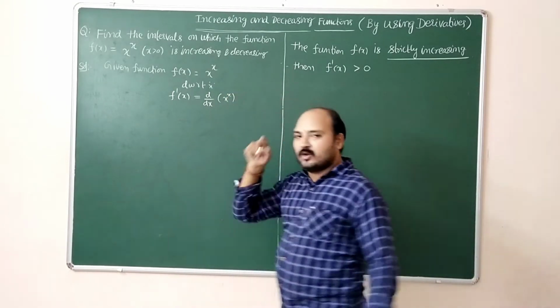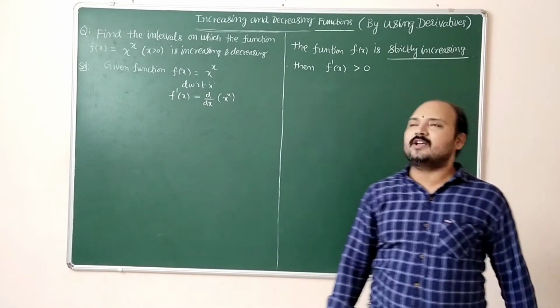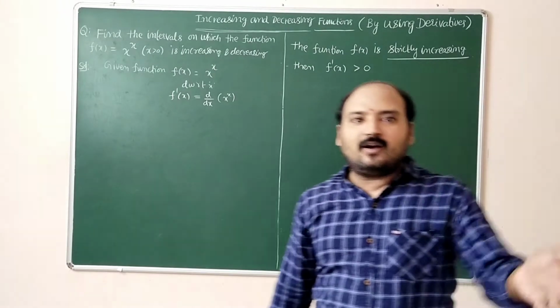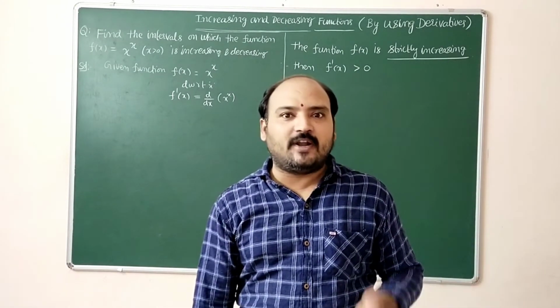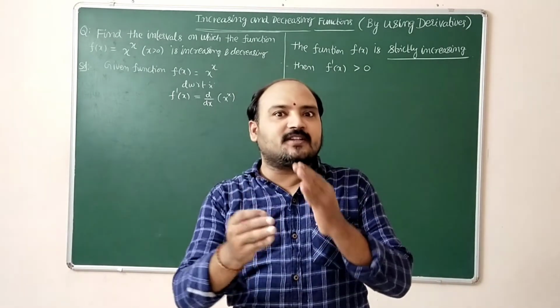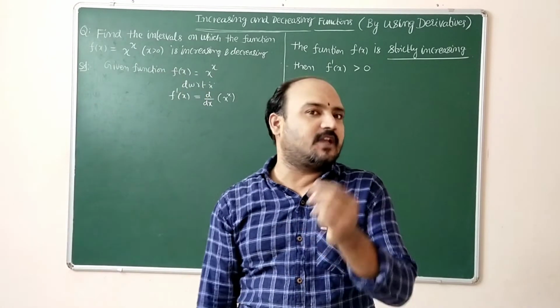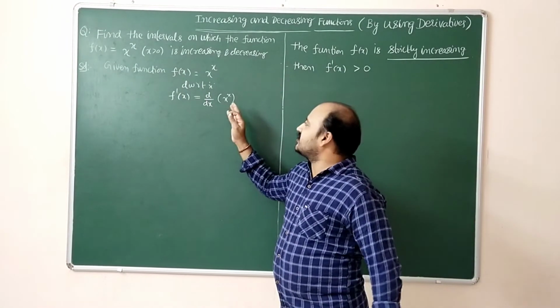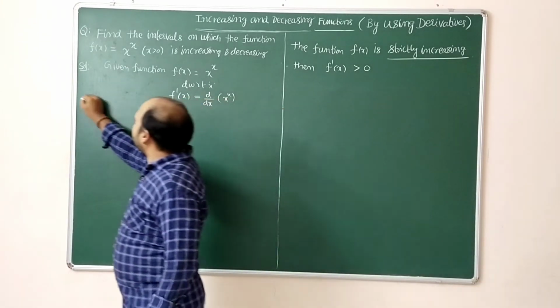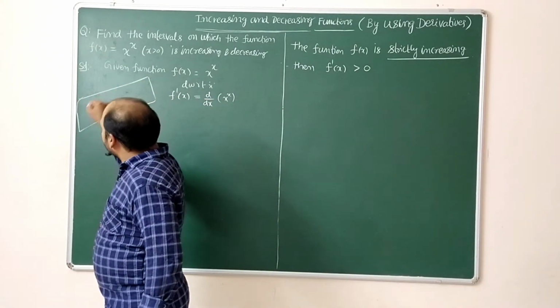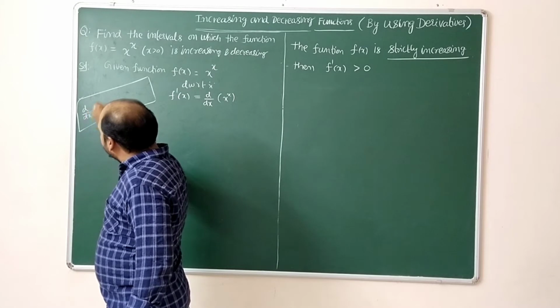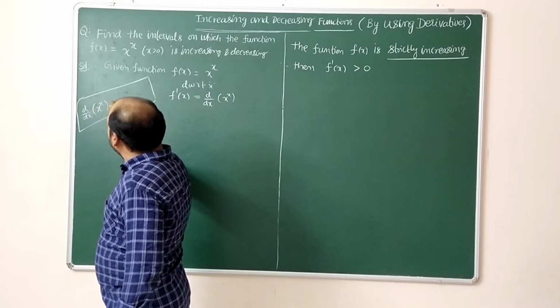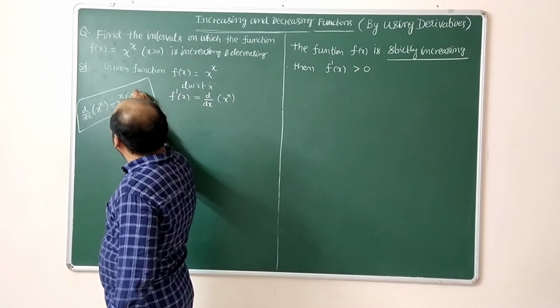Sir, why are you writing d by dx of x power x only for this particular problem? In the differentiation concept, we discussed that whenever the function is of the form f of x whole power g of x, we take log on both sides and do it. So, this is one of the standard formulas. The derivative of the function x power x is x power x into 1 plus log x.